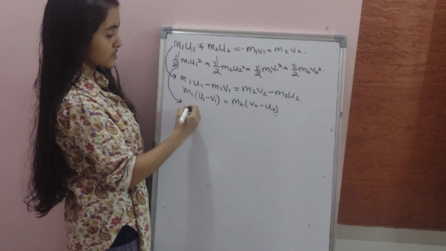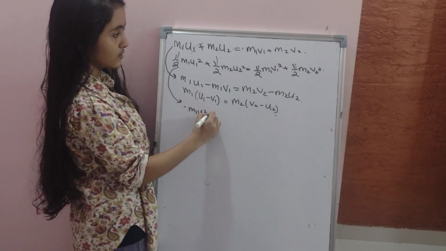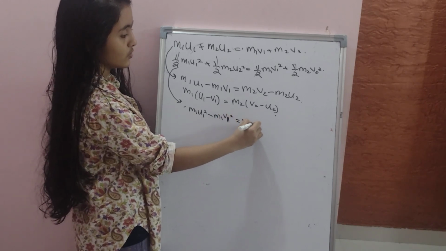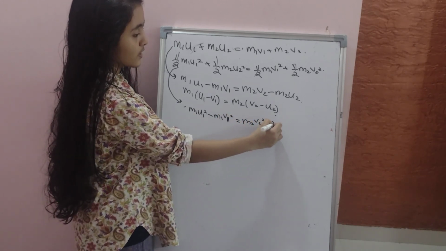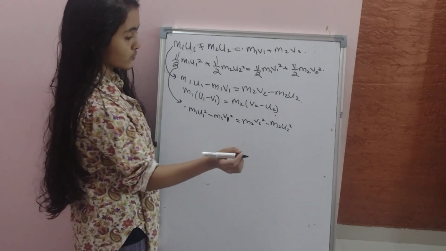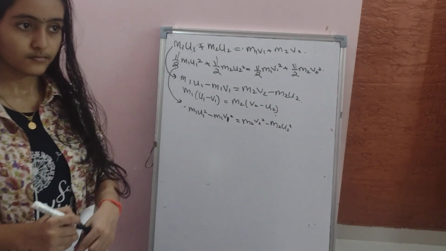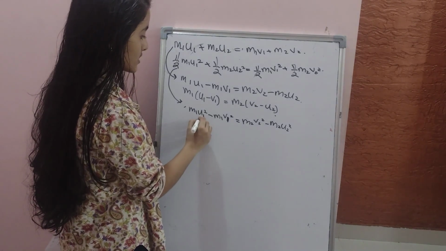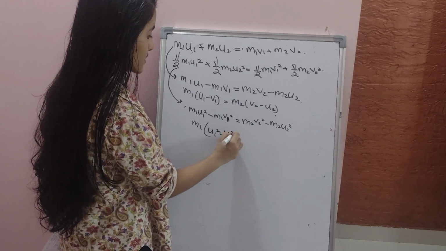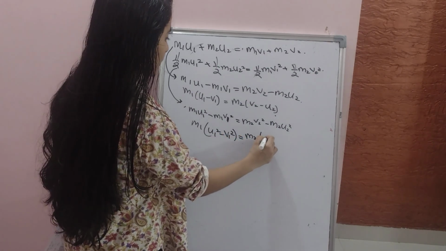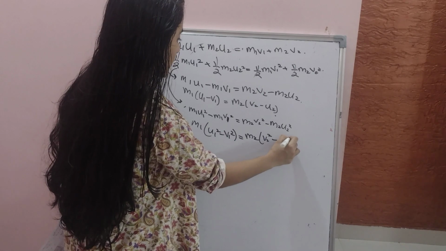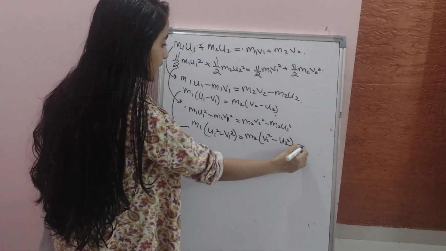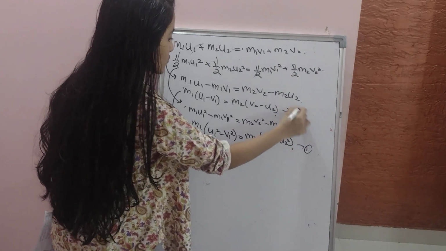Now from the kinetic energy equation we are again rearranging: m1 u1 square minus m1 v1 square is equal to m2 v2 square minus m2 u2 square. Now we are taking out, see, m1 into u1 square minus v1 square is equal to m2 into v2 square minus u2 square. Now we are dividing these equations. Let this be equation 1, this be equation 2.